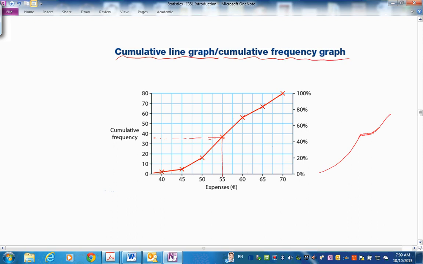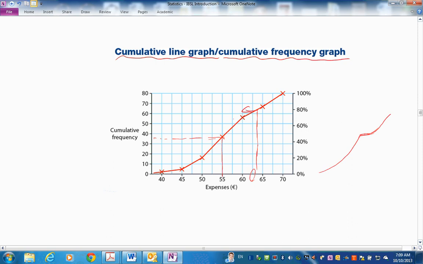Or about how many students are living on, let's say 63 euros, somewhere in here. Okay, we could read that back as well. So you can read some interesting things from this graph, and we're going to use it later on when we're calculating other statistics as well. So quite a useful graph.